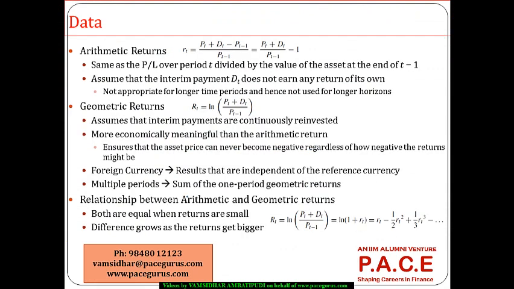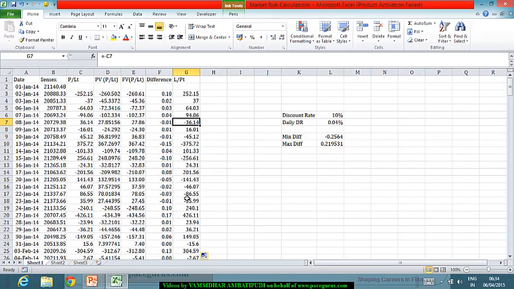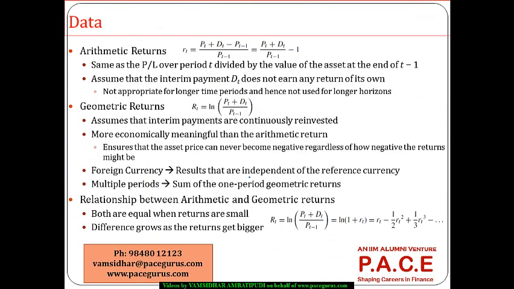Then we also get into the mechanism of arithmetic returns. The other mechanism that comes into picture is the computation of arithmetic return, which we generally express as a proportion of the previous day's price.